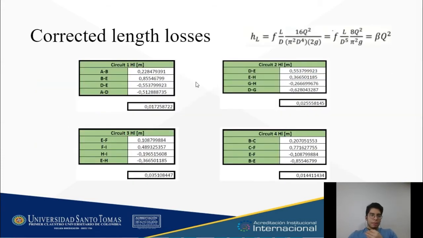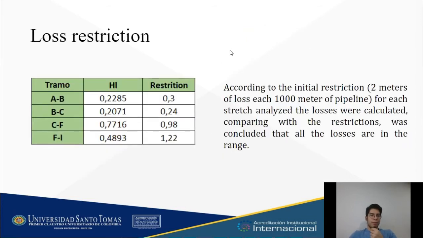Then we corrected all the losses again with the equation of the Hardy Cross method, and as we can see they are corrected here. For the final results, the losses for each section like AB, BC, CS, FI are all under the restriction.